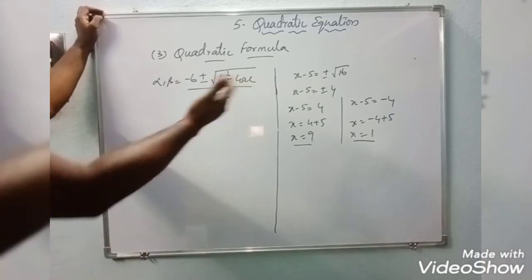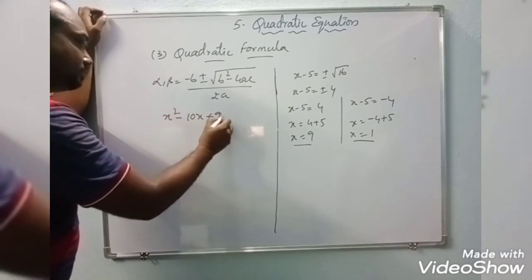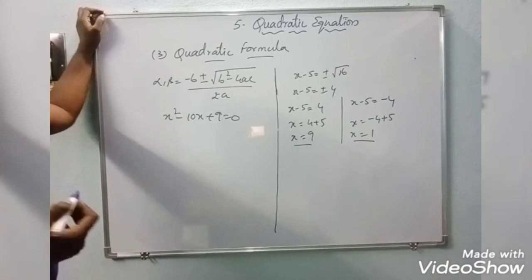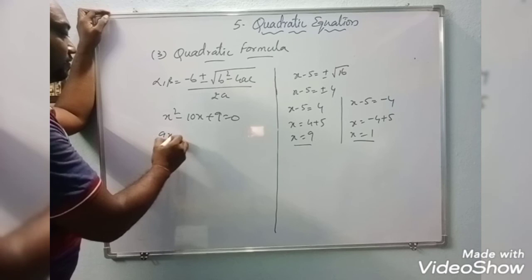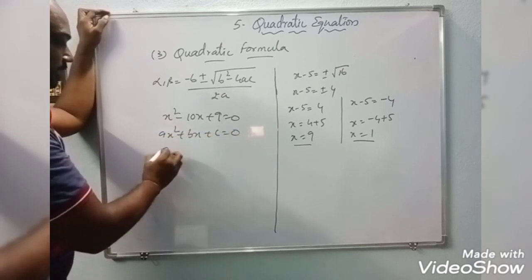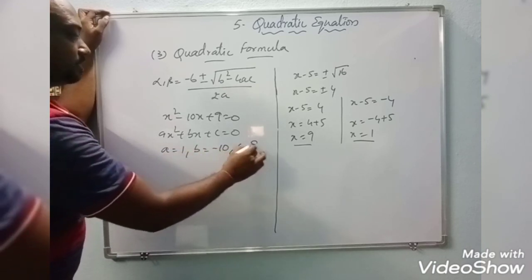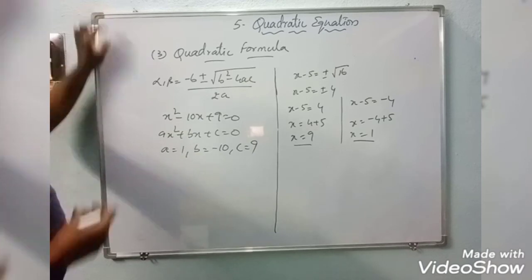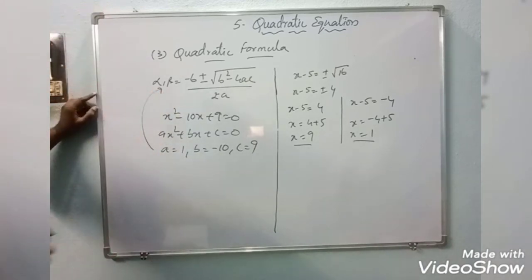Now if I take the previous simple example, that is x square minus 10x plus 9 is equal to 0. Right? Now to use this quadratic formula, we have to compare with ax square plus bx plus c is equal to 0. Now here a is 1, b is minus 10, c is 9. Now after getting the values of a, b, c, substitute them in the above formula.